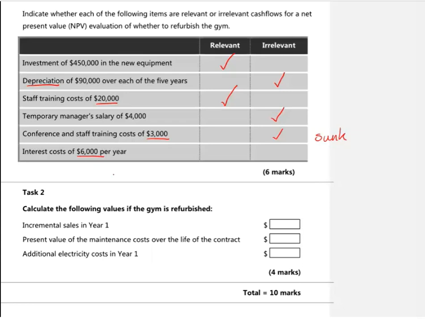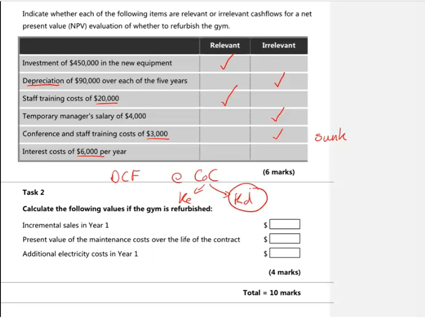The key thing to remember is that when we discount our cash flows, we're going to do so at the cost of capital. Cost of capital includes my cost of equity and my cost of debt. At this level we don't need to understand in detail how it's calculated, but we do need to recognise that the cost of debt has already been included in that discounting.